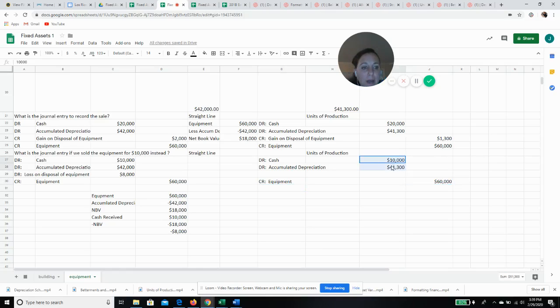I've got a debit of 51,300. So I need more debit, and I can't do this in my head. 60,000 minus 10,000 minus 41,300 would be 8,700, and that's going to be the amount of my loss.